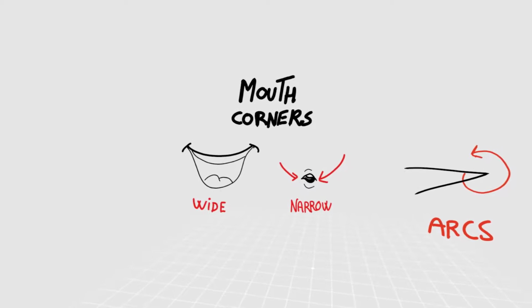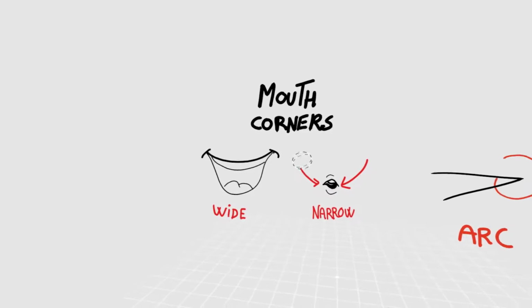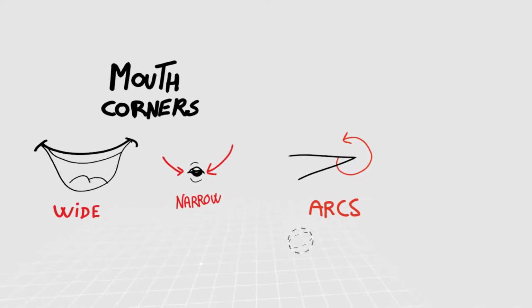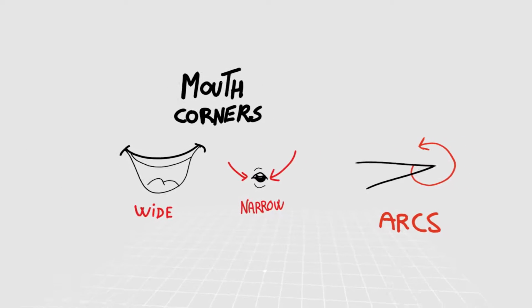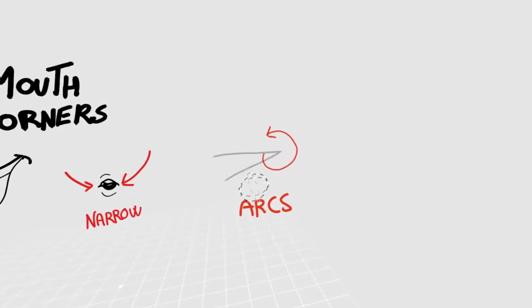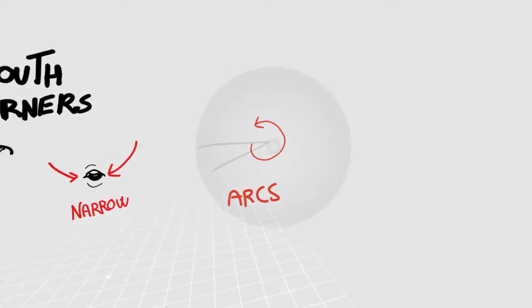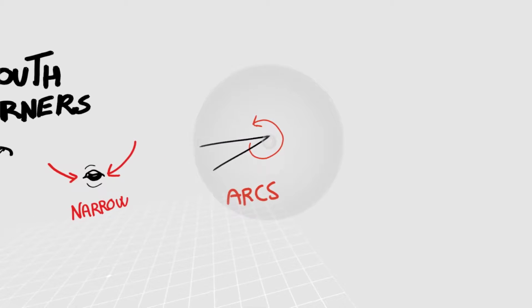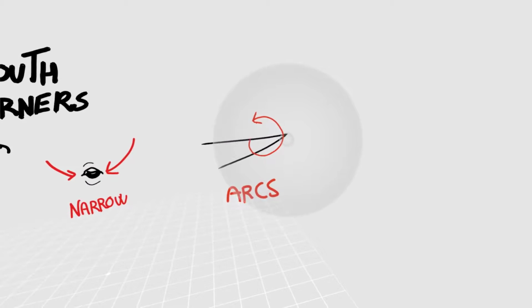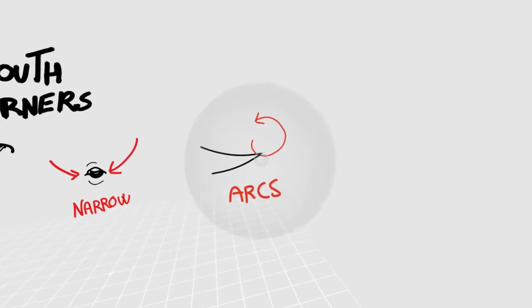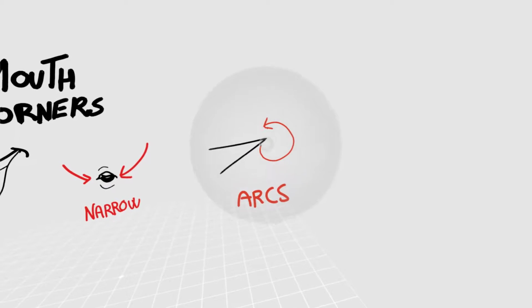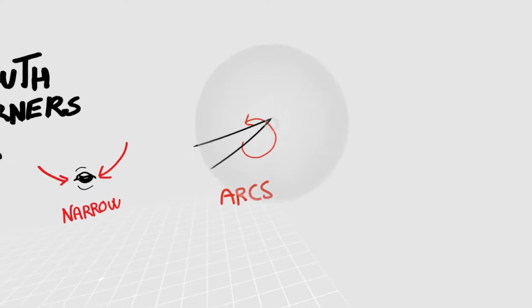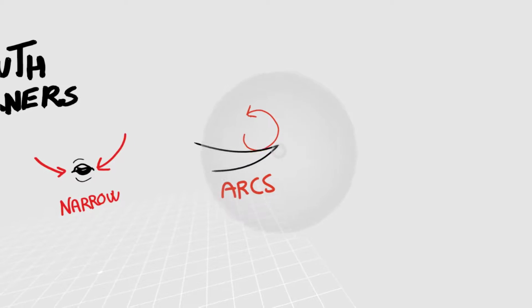Very important to realize that they normally go from wide to narrow depending on the phonemes of the sound that we are doing. But it's really important to keep in mind that the corners move in arcs. So we go from a wide to a narrow. We don't go in a straight line. We always do a curve to go from wide to narrow shape.